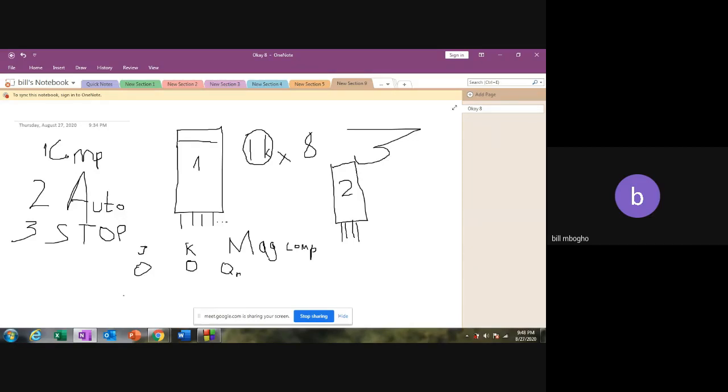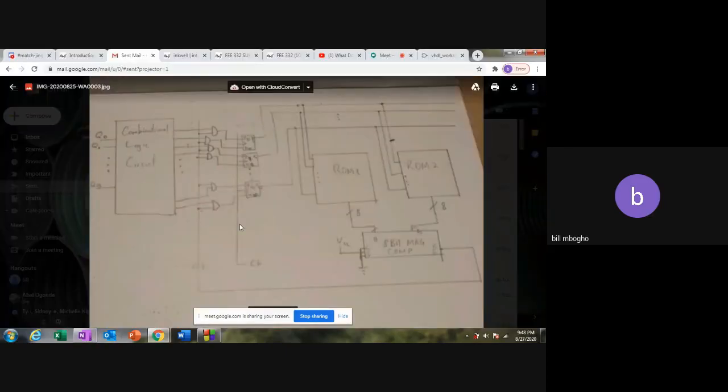I'm not writing the others, it takes me too long to write. That's what we want to do. We want to make sure that when our outputs are not the same, our next state is our previous state and we stay in that state forever.